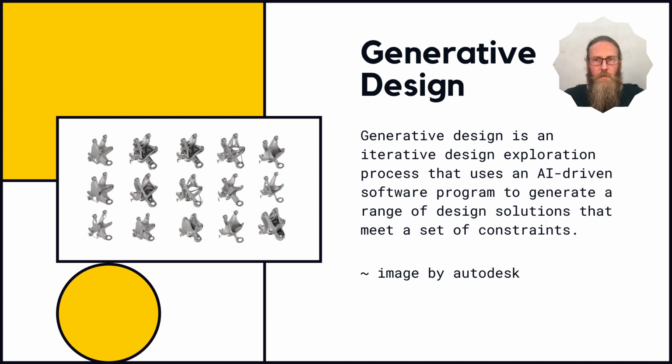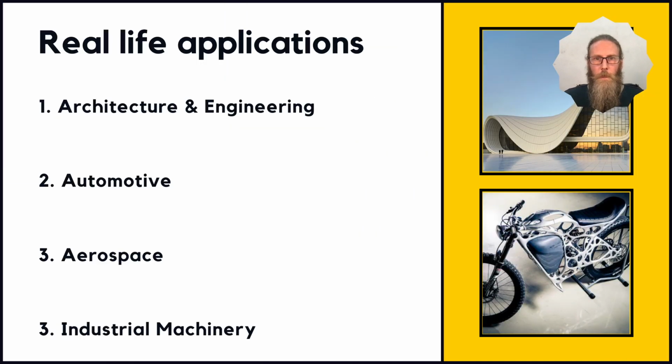This is generally done by providing the software with a set of rules, constraints such as dimensions, the required strength of materials, and other things. And that is then taken by an AI which generates many possible solutions, often surprising ones that are very unlikely to be actually created by humans.